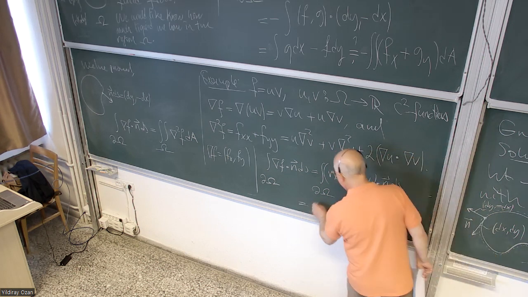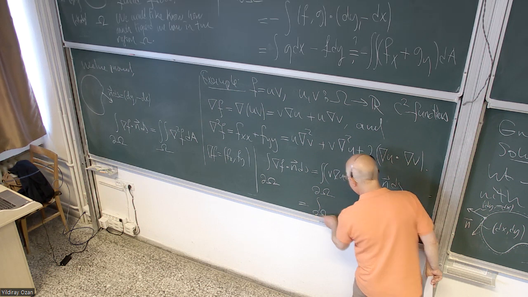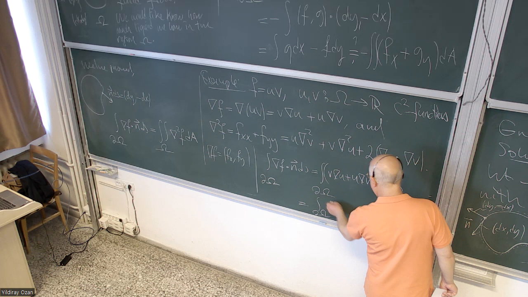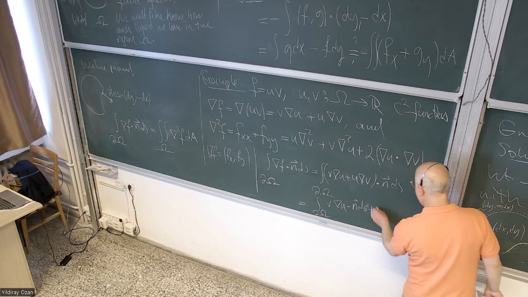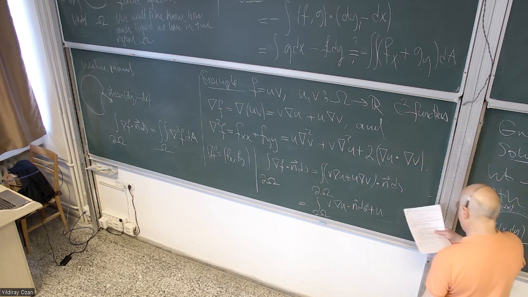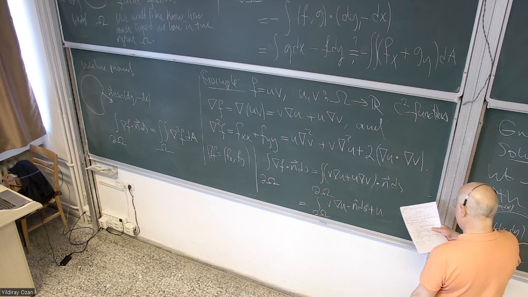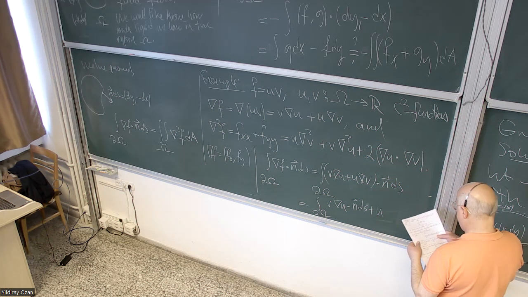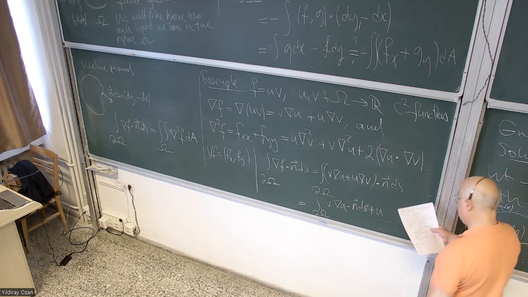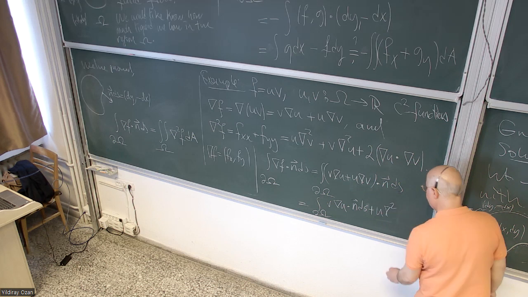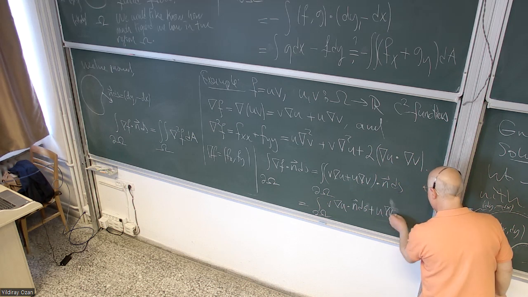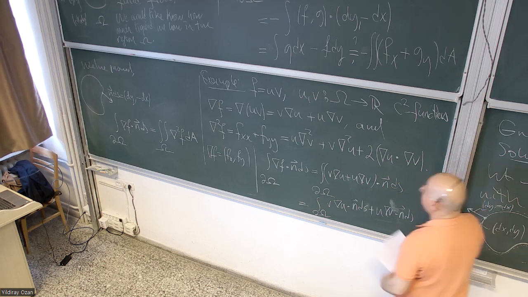So this is just equal to the integral over the boundary of v times the inner product of the gradient of f with n, ds, plus u times... V and u, ds.